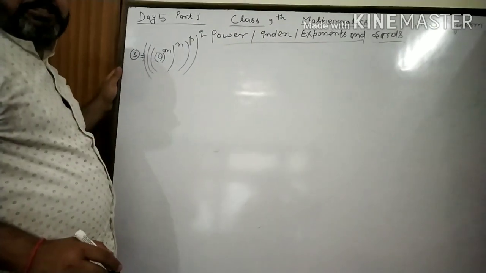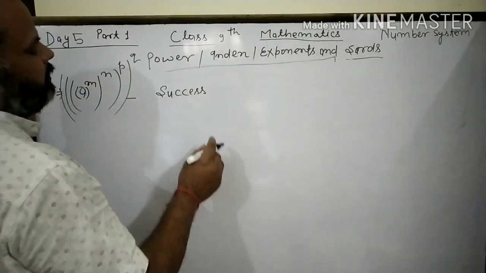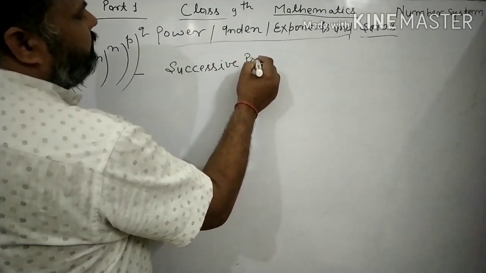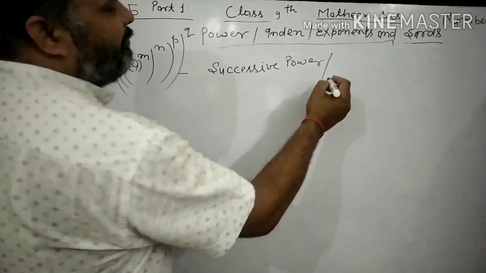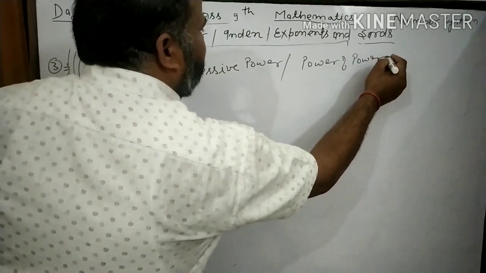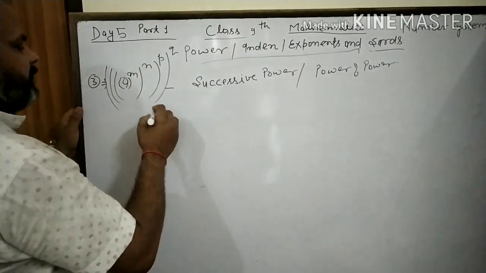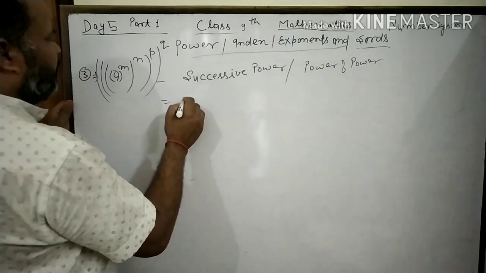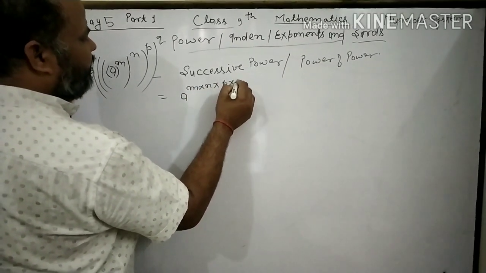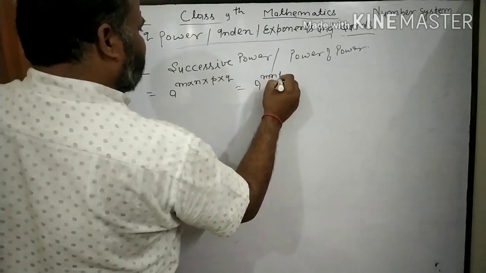It is called the successive power, or power of power. Clear? In this case, we can multiply their powers. It will be written a to the power m into n into p into q, or a to the power mnpq.